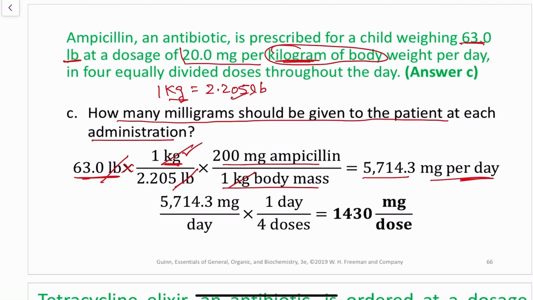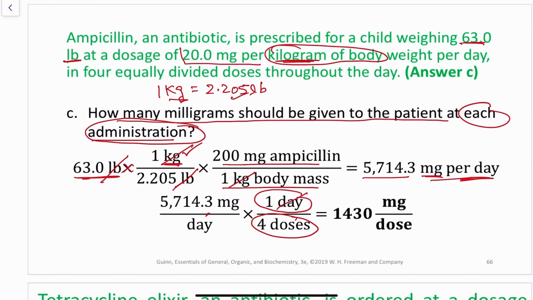But the problem is saying at each administration, so how many administrations do we have to give to the child? 4 per day, right? So I can say in one day we have to give 4 doses, and this is the amount per day.